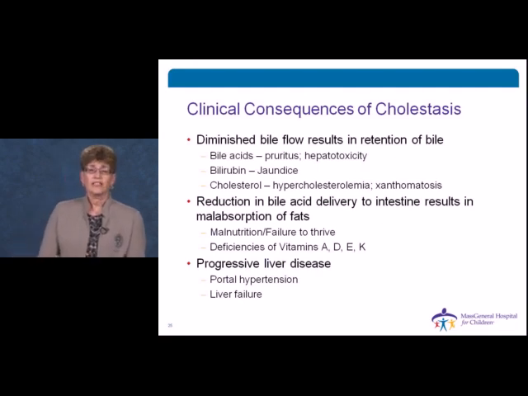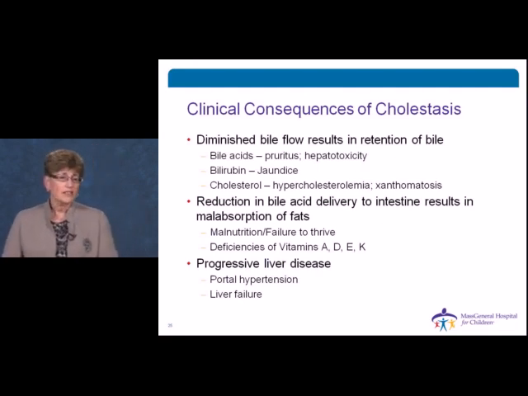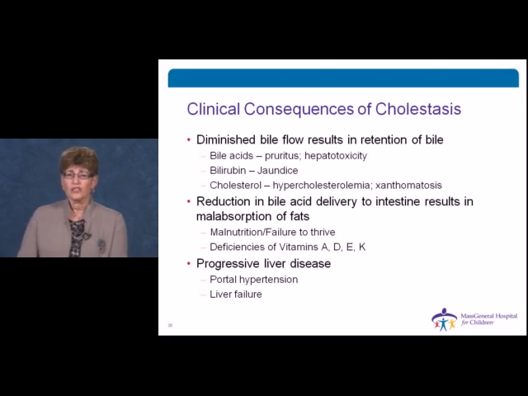So let's go to the clinical now. We've talked about cholestasis and the causes of it. The clinical consequence of cholestasis is really pretty much the same across most of the intrahepatic cholestatic syndromes. There's diminished bile flow, and that results in retention of the bile. So the retention of bile acids causes pruritus and hepatotoxicity.